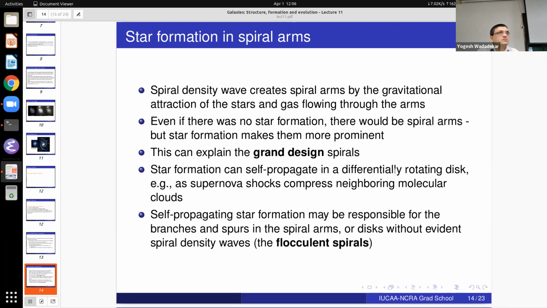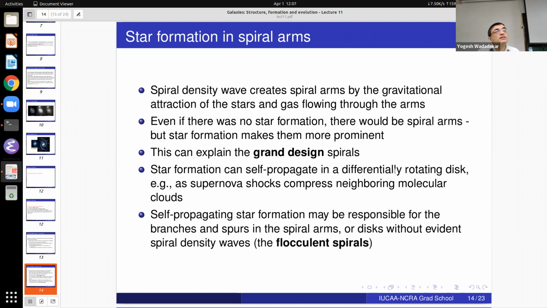But suppose the process continues for a long time and the gas is all consumed, then you may keep turning the spiral arms, but what will happen? No new stars will be formed. The spiral arms will still be there as regions of overdensity, but they will cease to be regions of star formation and you won't see them. In the image, you will stop seeing the spirals. They will fade away. The contrast that you see with the rest of the disk will no longer be there.